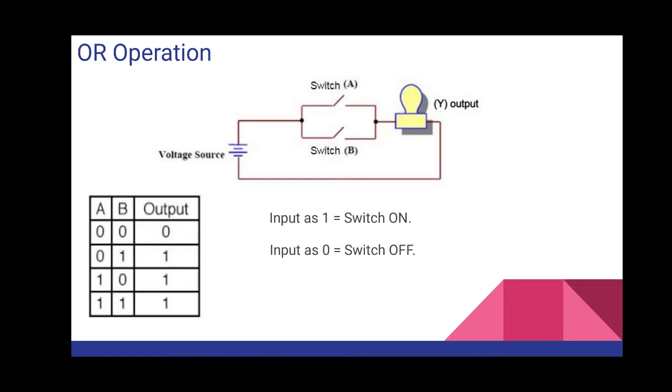Now students, OR operation is like a simple addition of two inputs. Here again the two inputs or the two conditions will be either 0 or 1, and for output also you will get 0 and 1 only in the form of the answer. No other number will be returned in this logical operation.